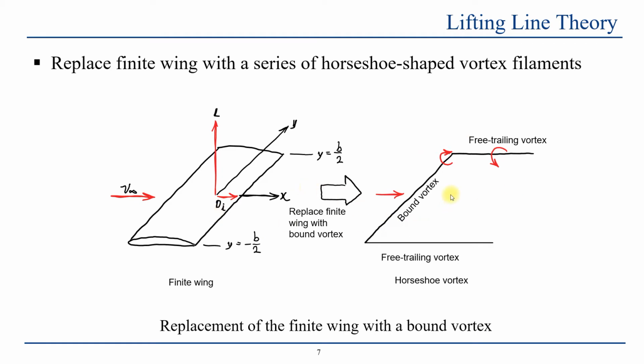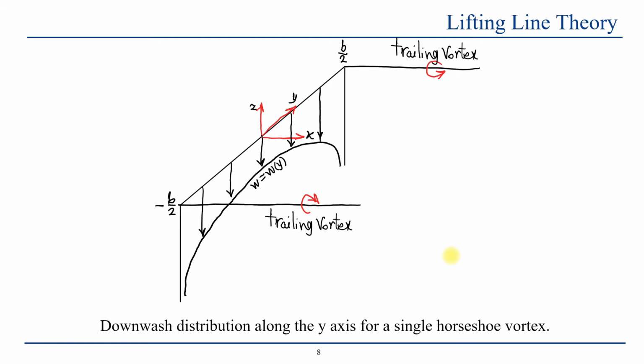So in the simplest form, we can replace the wing by only one horseshoe vortex. However, this will be a very simplified version of the modeling, and therefore may not necessarily capture the best of what we are looking for. Additionally, what we get from this horseshoe vortex is the downwash distribution along the y-axis or the span of the wing for a single horseshoe vortex.